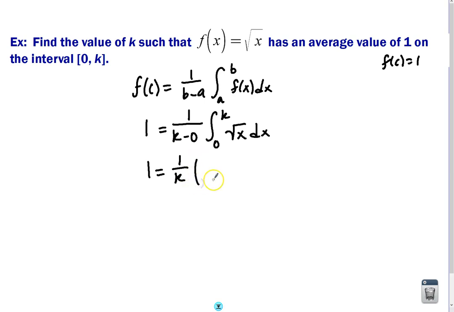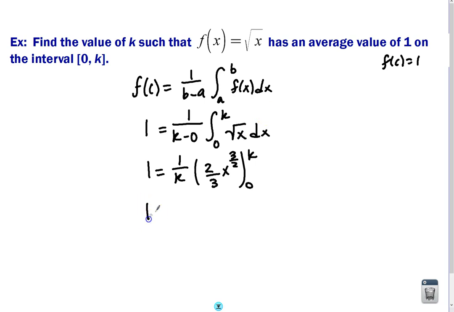The antiderivative of x to the 1/2 is 2/3 x to the 3/2 from 0 to k. Remember, this is x to the 1/2, and then you add 1 and divide by the new exponent.